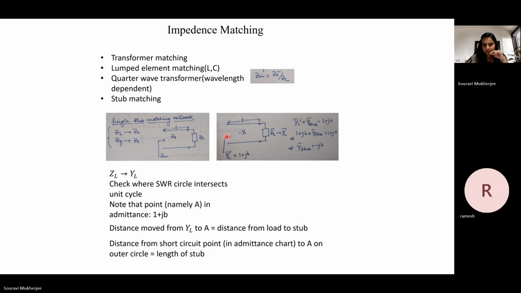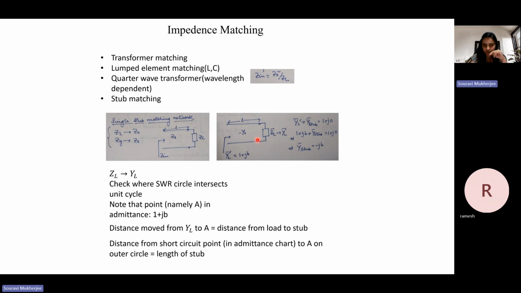Similarly, if you know ZL, your initial load, you can write it as YL in the admittance chart. So for a typical Smith chart, you have to go 180 degrees phase shifted to go from the impedance chart to the admittance chart.